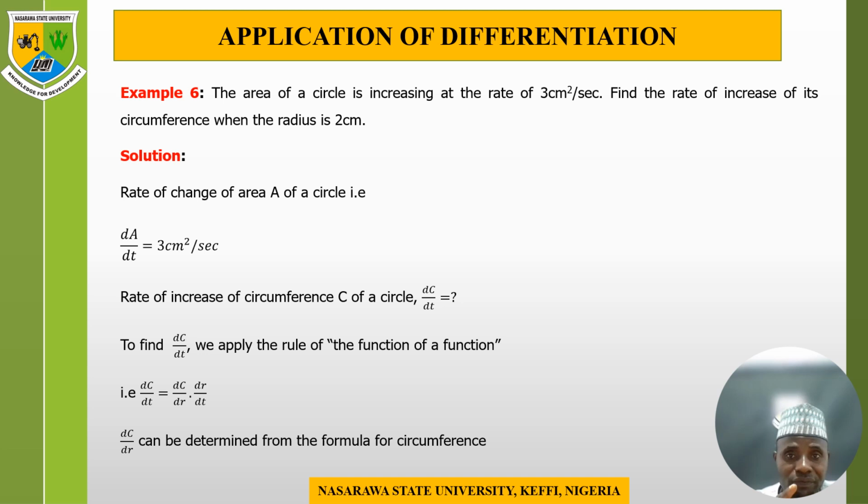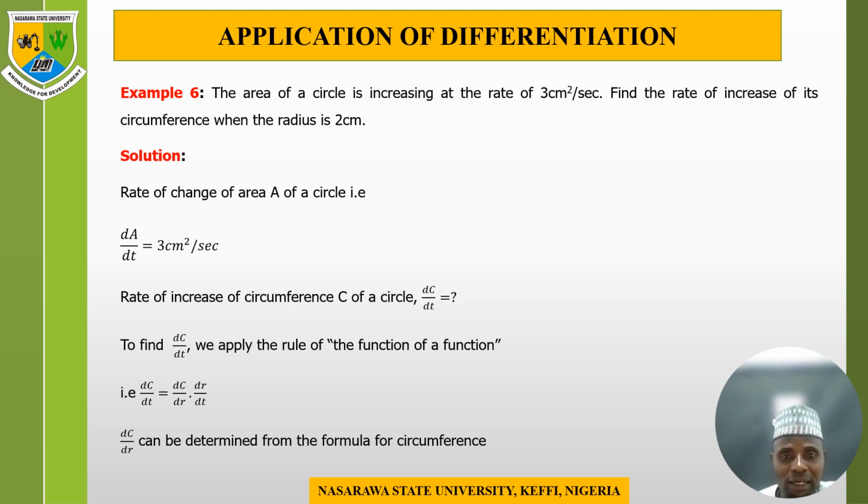So it's from the given example that the area of a circle is increasing at the rate of 3 centimeters squared per second. So the rate of increase of the circumference C of a circle is what? It is dC over dt.